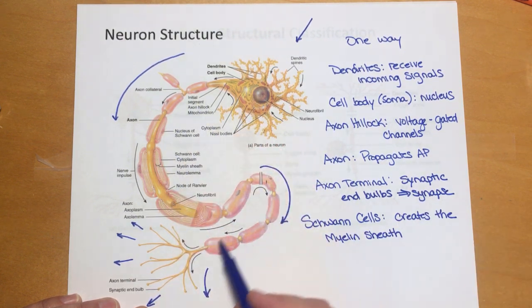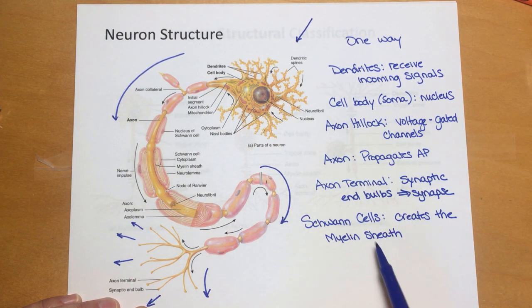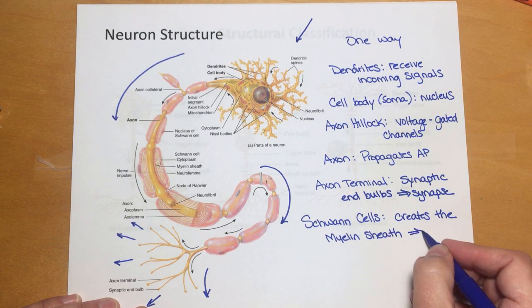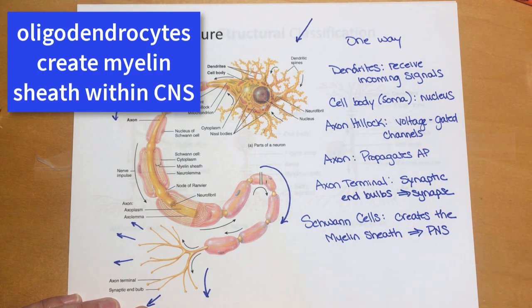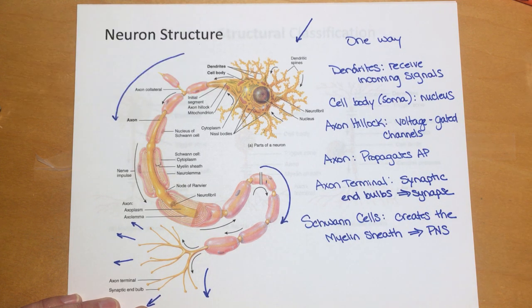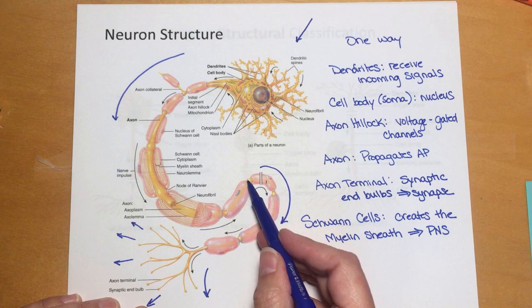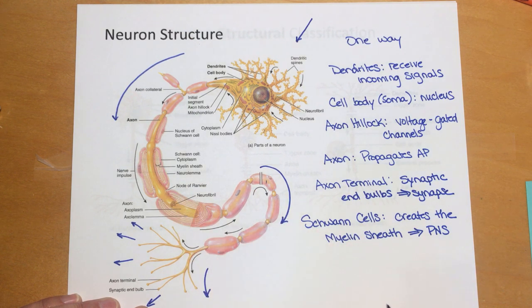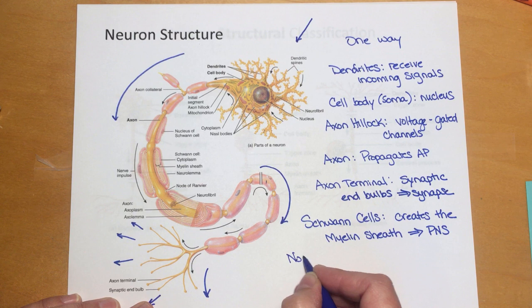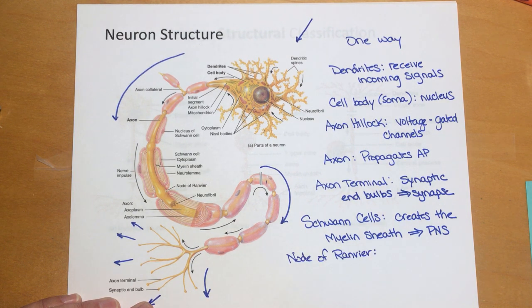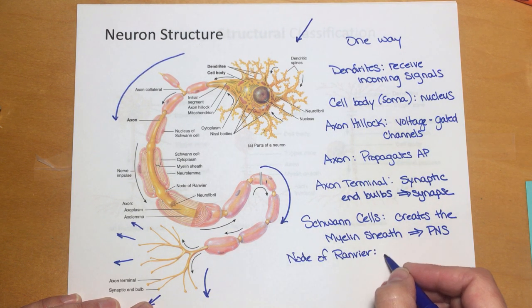So in this particular picture, it shows Schwann cells, which create the myelin sheath in the PNS. There's a different type of cell that creates a myelin sheath within the CNS. And remember, the PNS is the peripheral nervous system, and the CNS is the central nervous system, which consists of the brain and the spinal cord. In between the Schwann cells is a little area that is unmyelinated, and that's called a node of Ranvier. So that's an unmyelinated area.